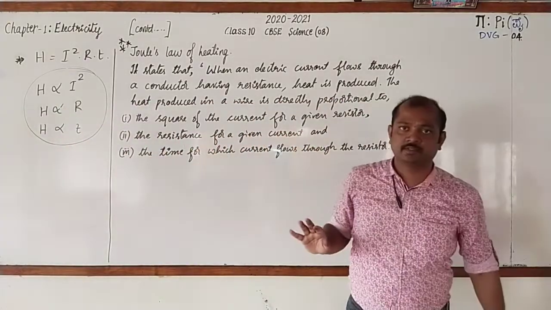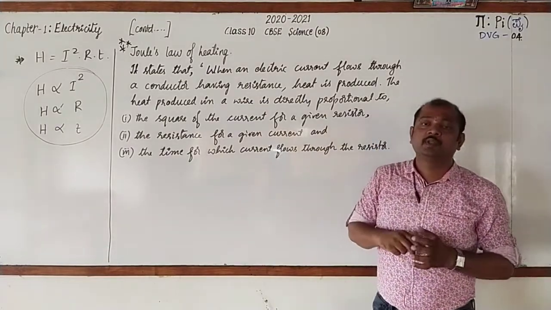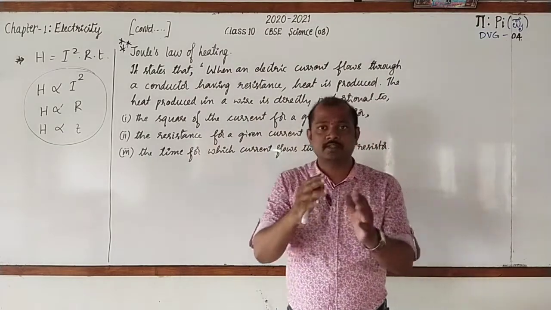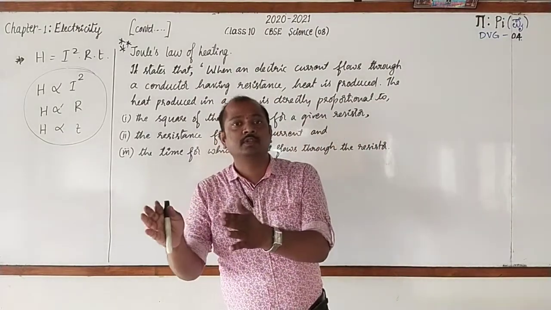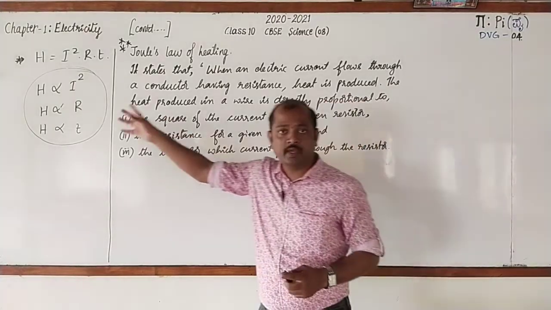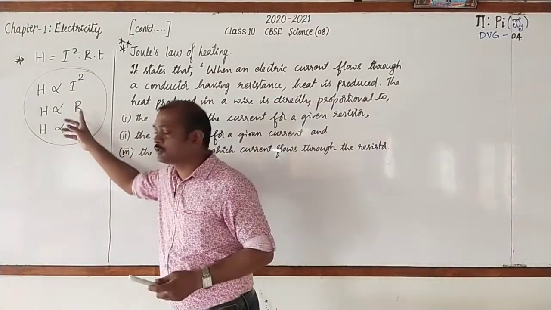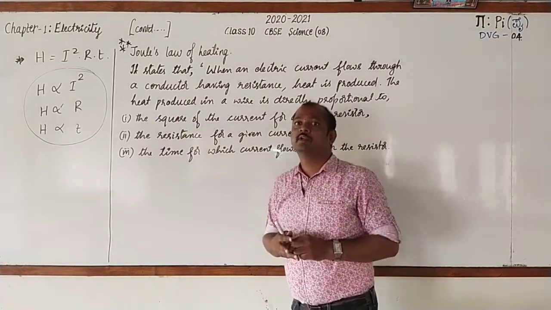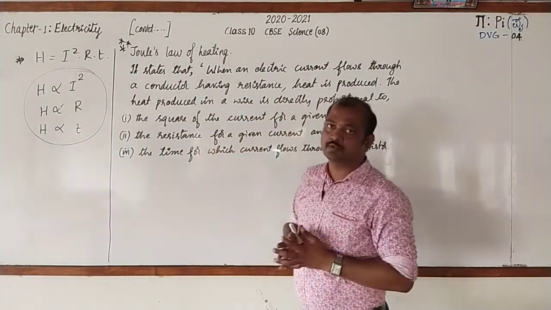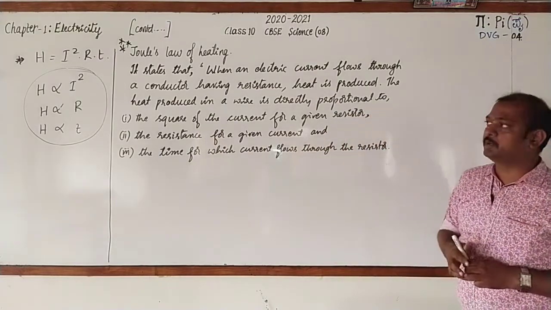You have to write like this. Clear? Simple way. Joule's law of heating states that the heat produced in the resistance wire is directly proportional to square of the current, directly proportional to resistance of the conductor, and directly proportional to time for which current flows. You can also write in this way.